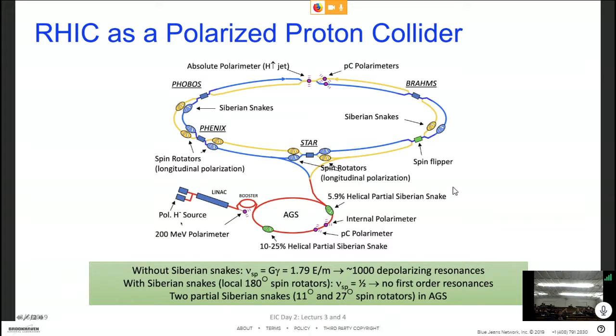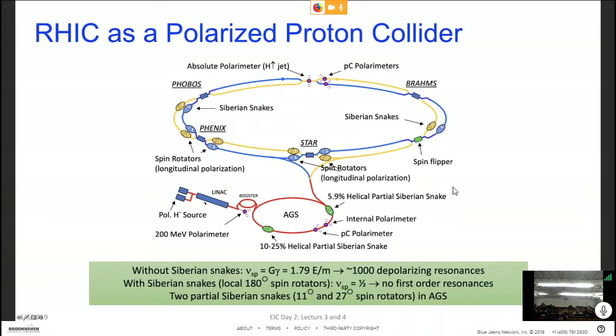The polarized H- source is sitting here in the left bottom. They are accelerated by the LINAC, pass through a very high intensity, high electric grid, where they strip the H- of 2 electrons.